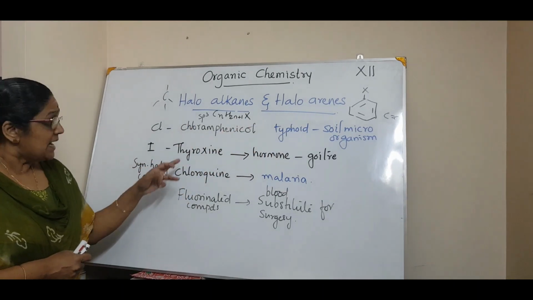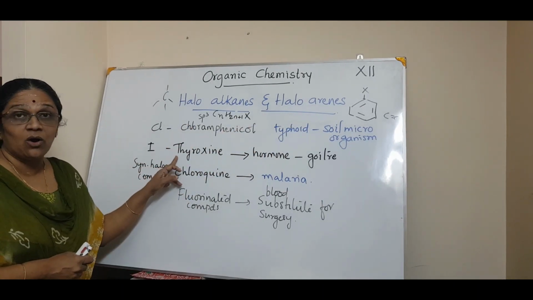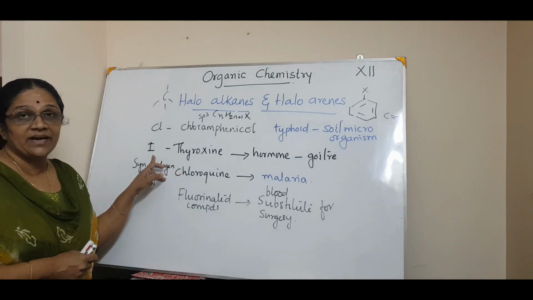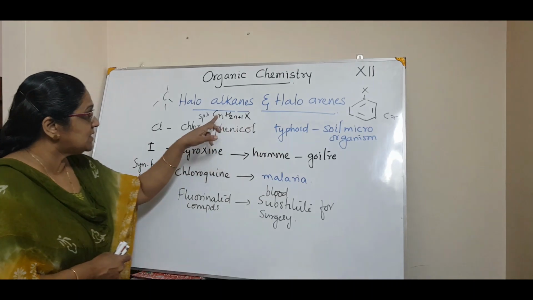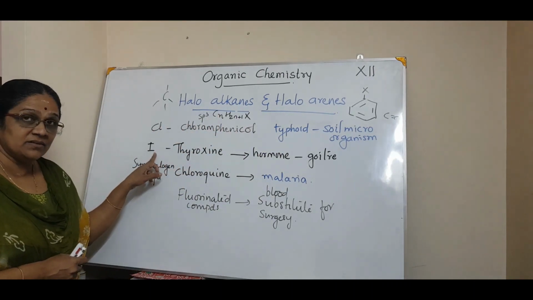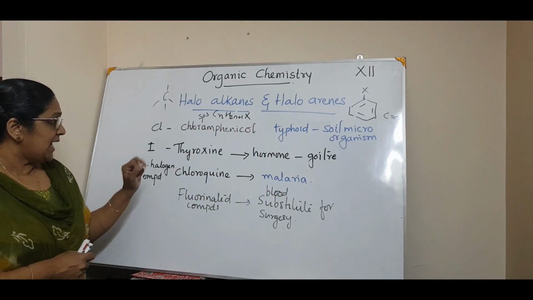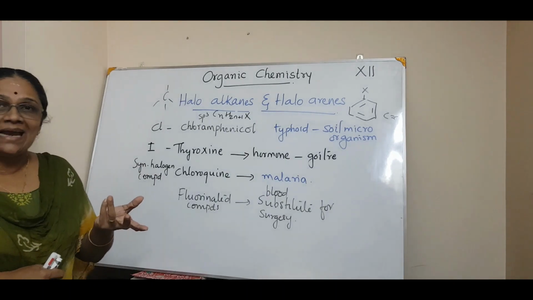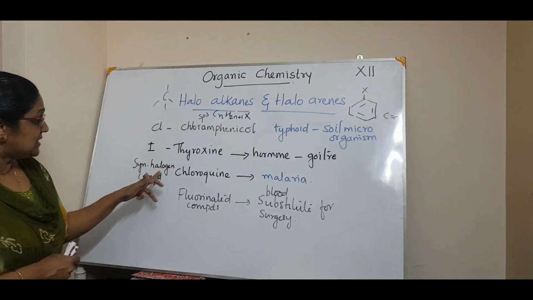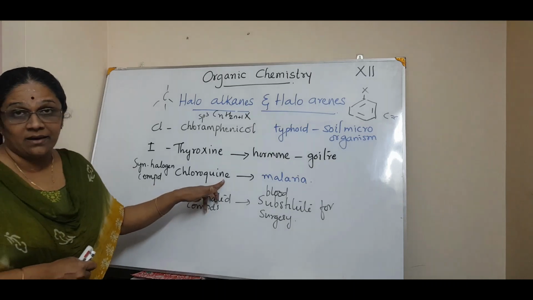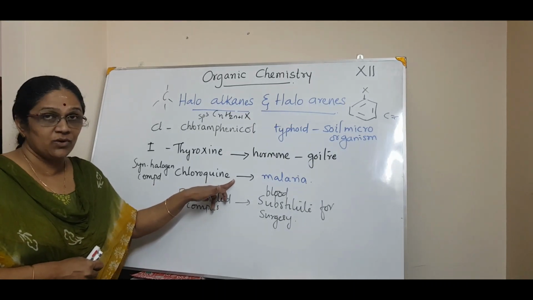Now the second one is thyroxine, the hormone. The deficiency of iodine may cause goiter. So this is also related with iodine, that is a halogen atom. Again, you can synthetically prepare haloalkanes and haloarenes, isn't it? So synthetic halogen compounds like chloroquine, whatever you can pronounce.